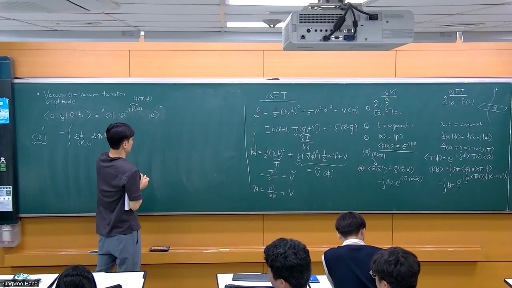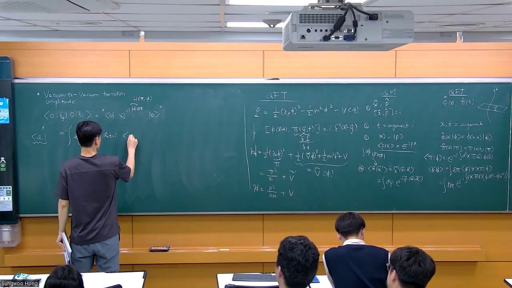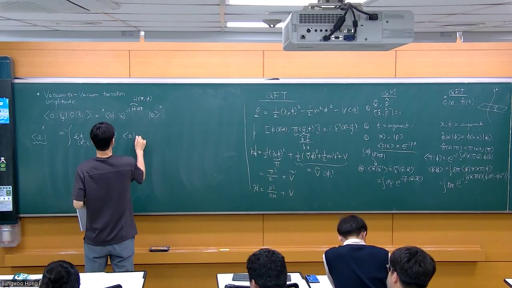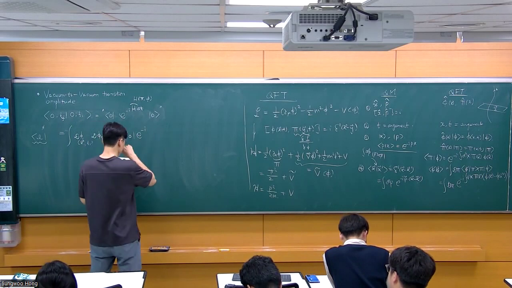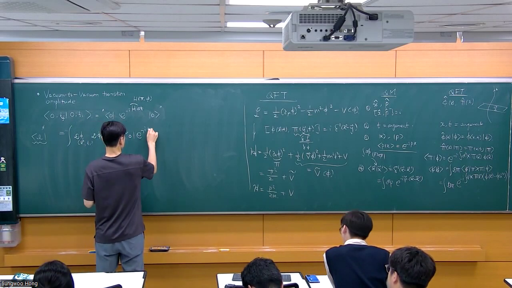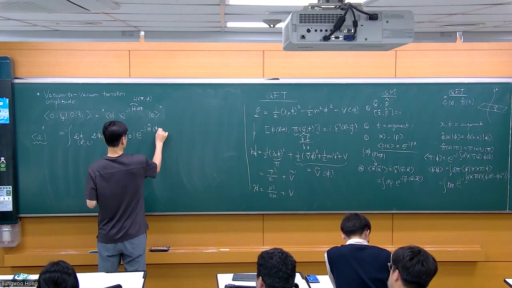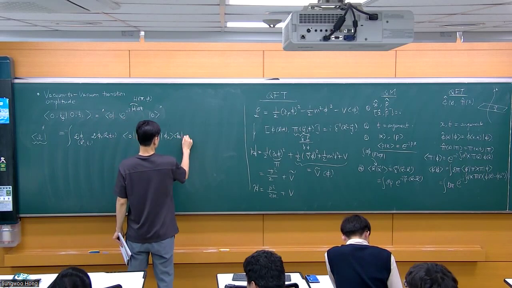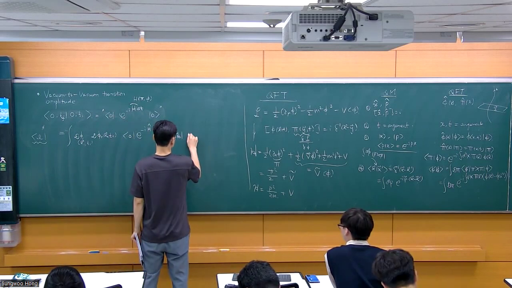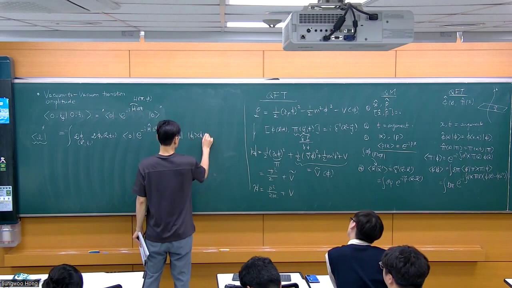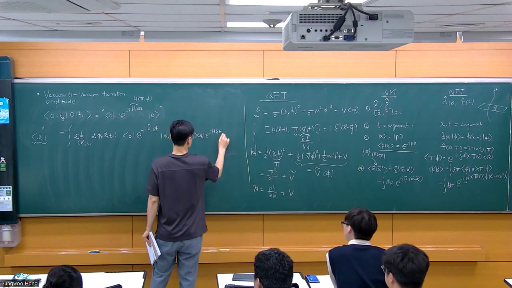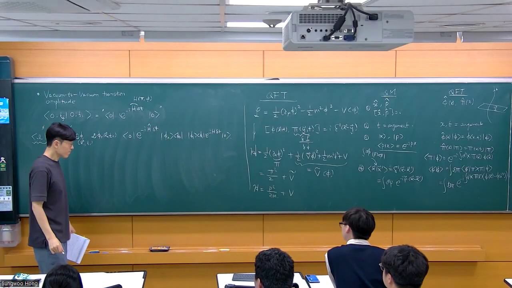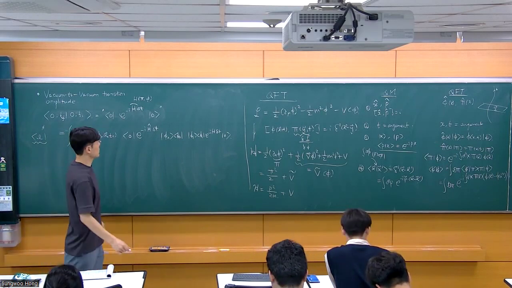Is that clear? Then there's the vacuum, and then e to the minus i Hamiltonian delta t, phi n, and then keep going until the same. So picture the same again.